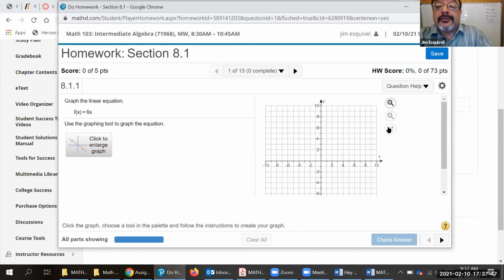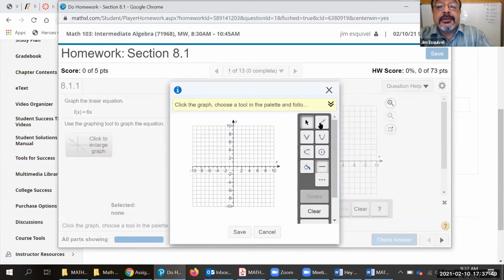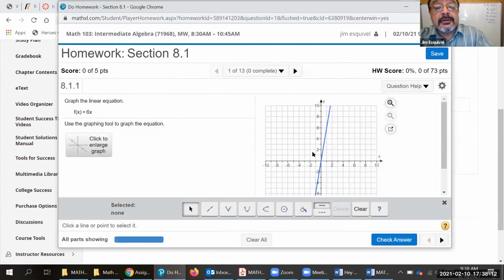So when I go to graph this, I'm going to click on the line tool. The y-intercept is here at 0, so the origin. And the slope is 6/1. So I would go up 6 and right 1.